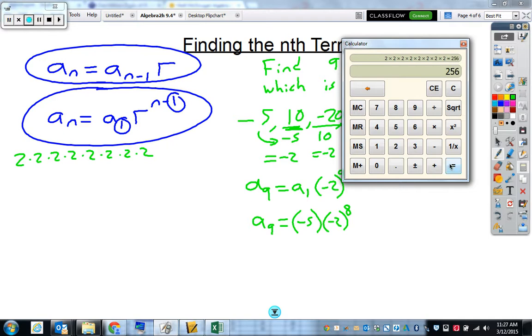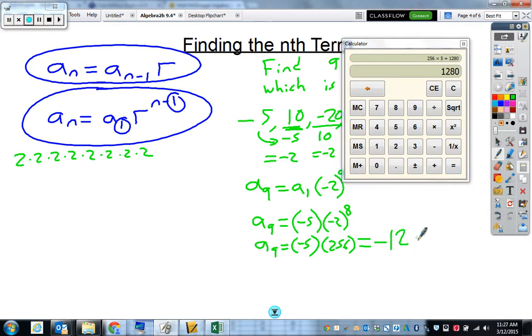I get 256. So a sub 9 equals negative 5 times positive 256. A negative times a positive comes out negative, so 256 times 5 is negative 1,280.